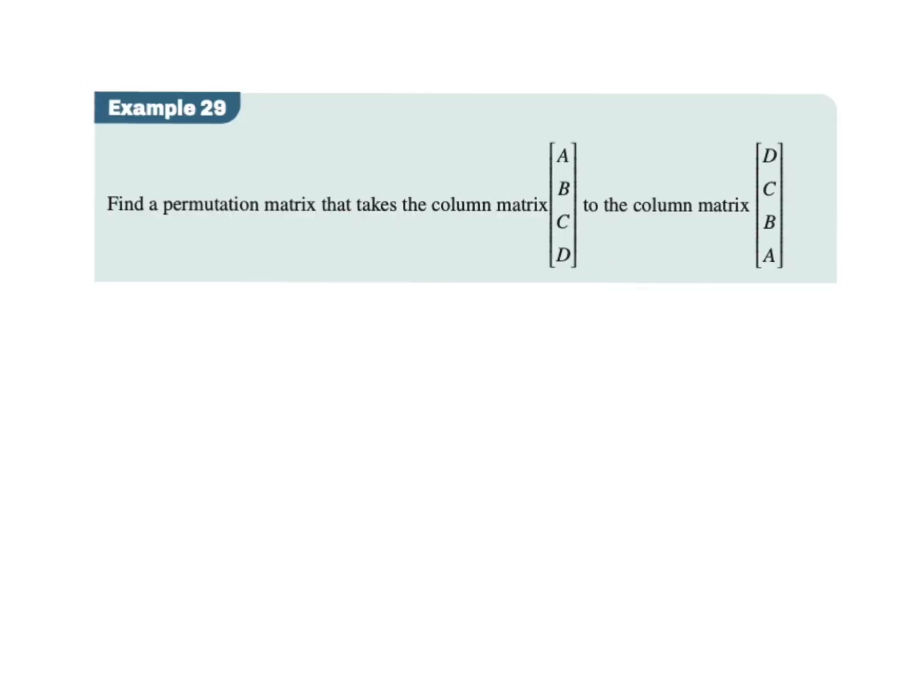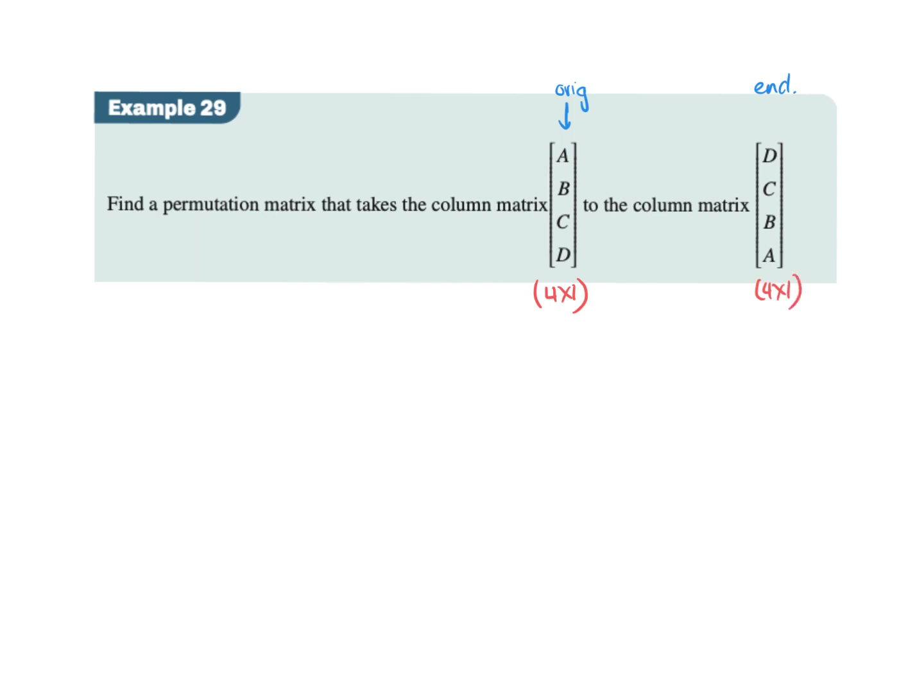All right, so let's have an example. It says find a permutation matrix that takes this column matrix to this one. You can see that you want to rearrange the letters. This is what it originally is, and you want it to end like this. You have a 4 by 1, and obviously you're going to end up with a 4 by 1.